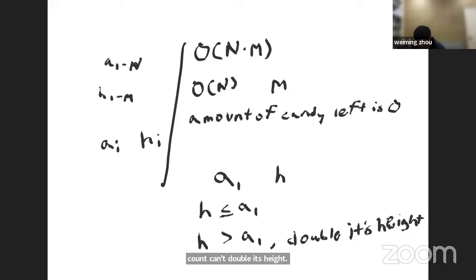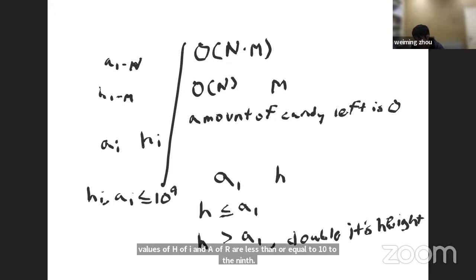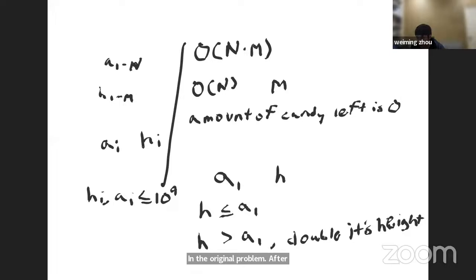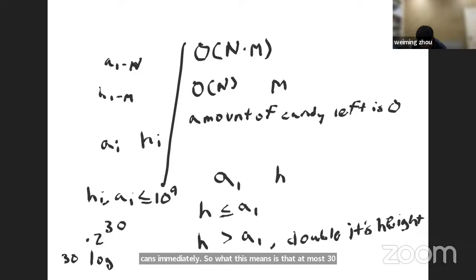And since we know that all of the input values of H of i and A of i are less than or equal to 10 to the ninth in the original problem, after the cow doubles around 30 times, or increases its height by 2 to the power of 30, the first cow will be guaranteed to eat all the candy canes immediately. So what this means is that at most 30, or log H of i, possible candy canes will make it past the first cow.